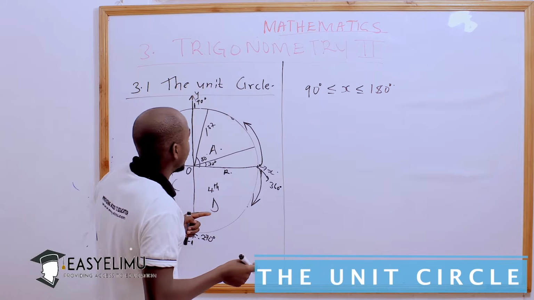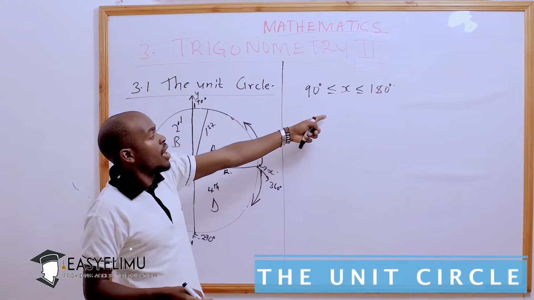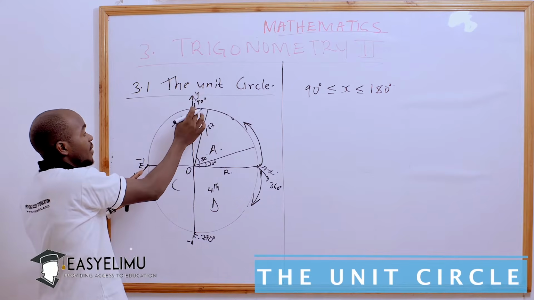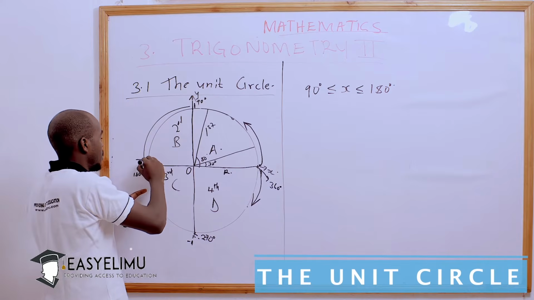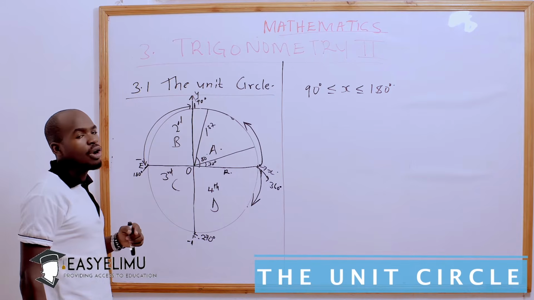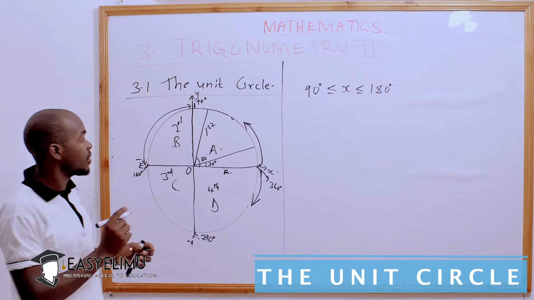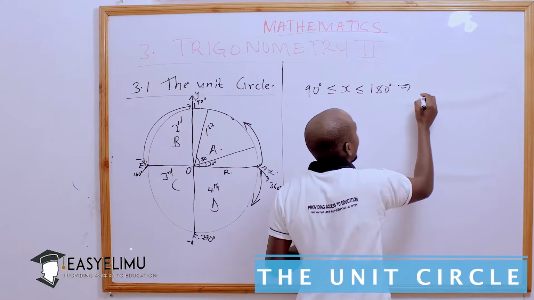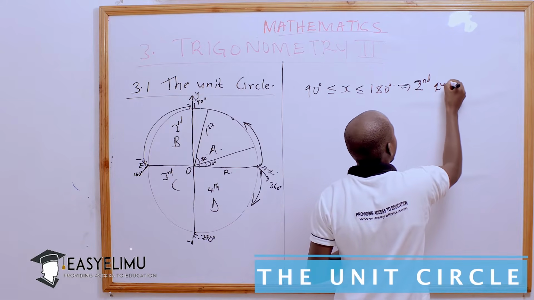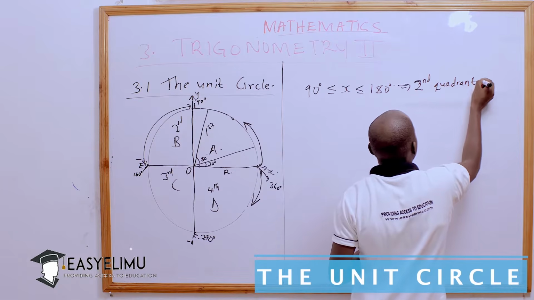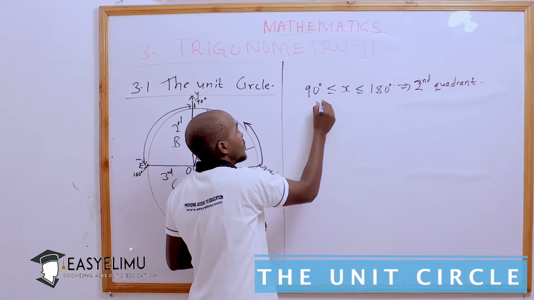So we recognize that any angle that lies between 90 degrees and 180 degrees lies in the second quadrant. Such angles may include 120 degrees.